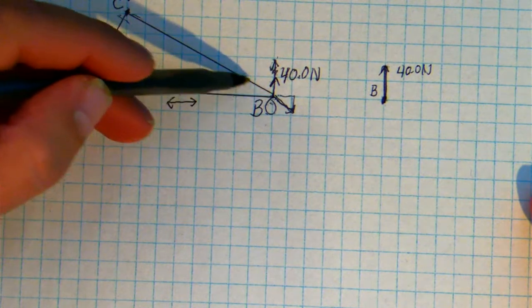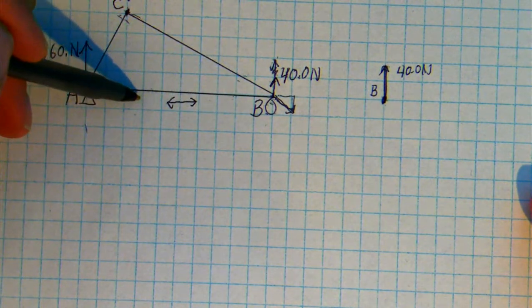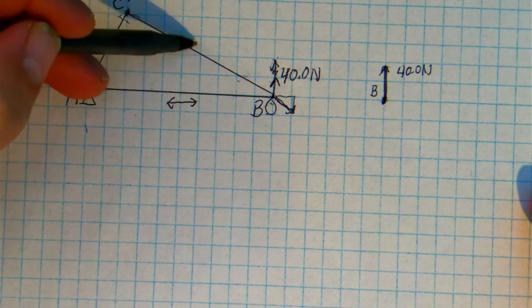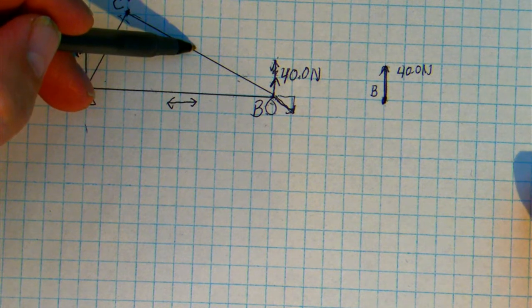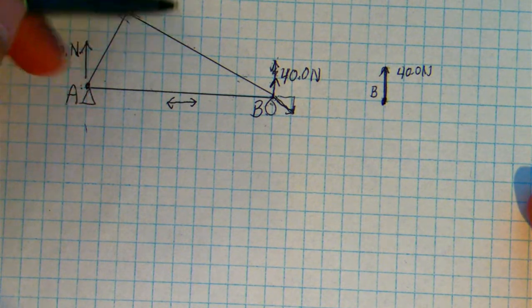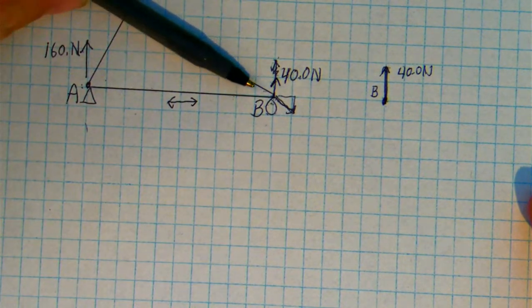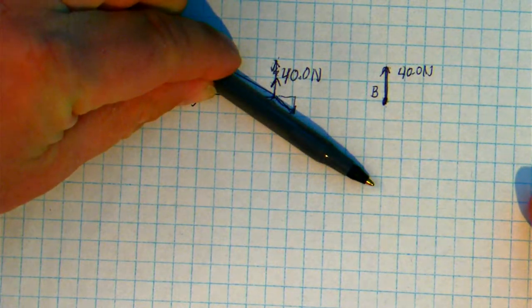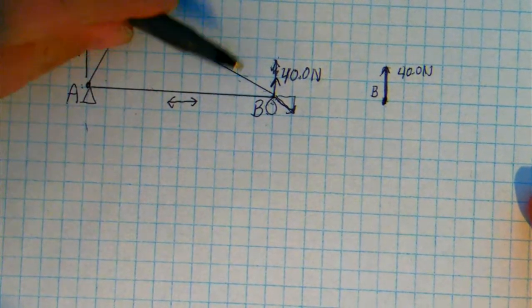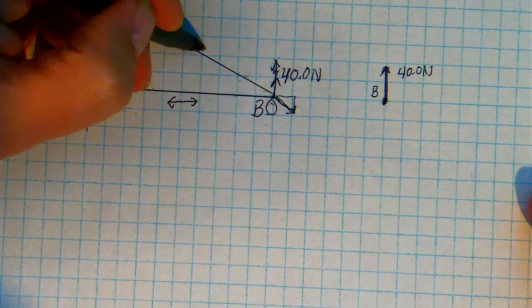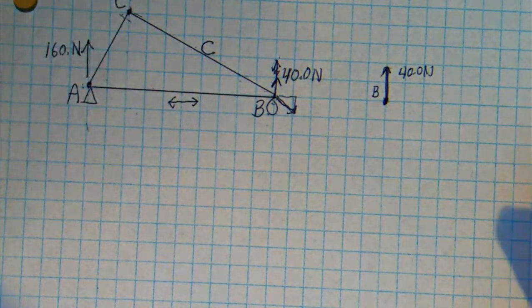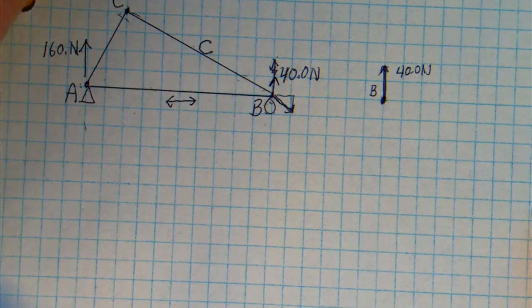It's going to be lifting it up and to the left at the same time if this is under tension. So member BC must be pushing down and to the right. That makes this member under compression, even though I don't know the value of it yet.